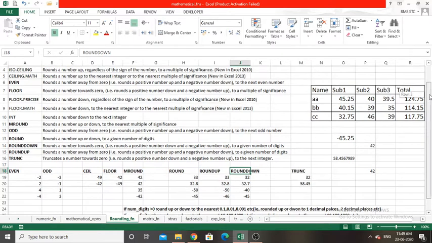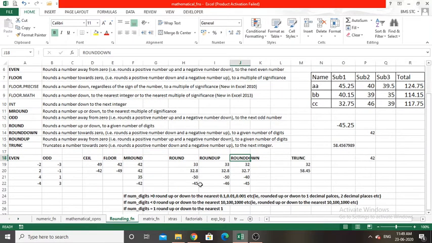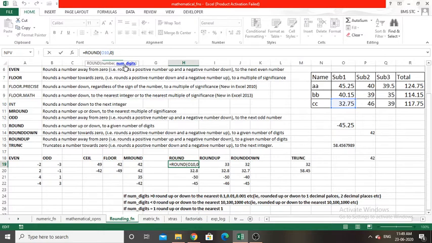Let's see some behavior of ROUNDDOWN and ROUNDUP. For the ROUND function also we have two arguments. First is the number, second is num_digits. The num_digits refers to the number of digits to which you have to round. According to that second argument, ROUNDUP and ROUNDDOWN have some behaviors.